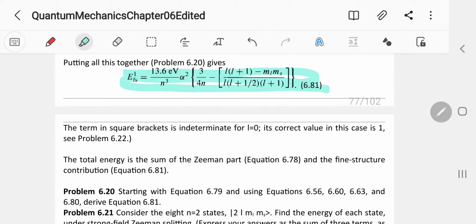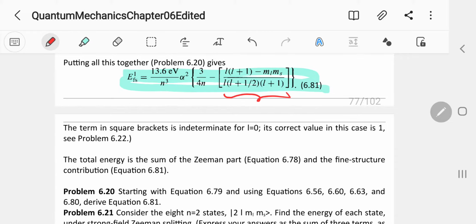So this term here is indeterminate for L equals 0, and so in the case where L equals 0, the value of that in that region is just equal to 1.